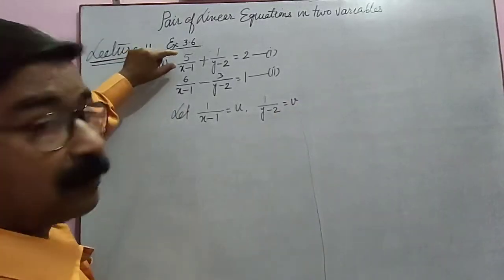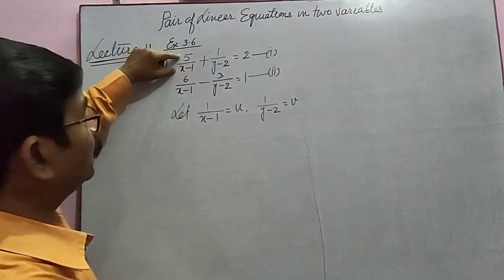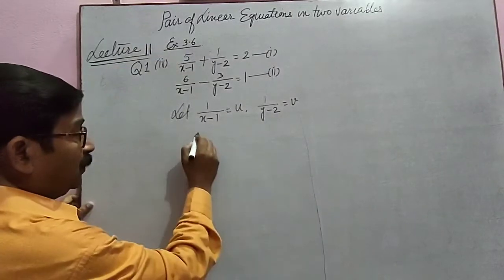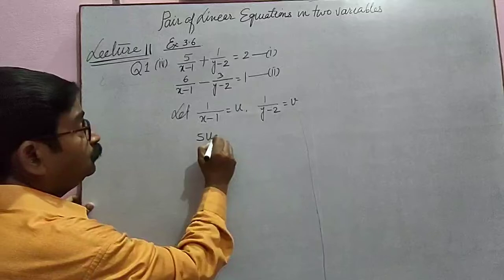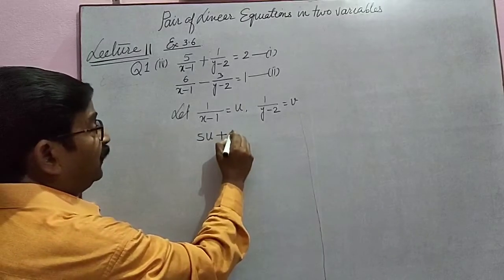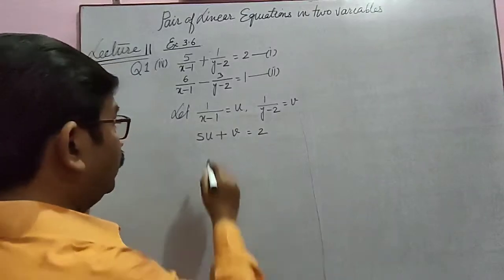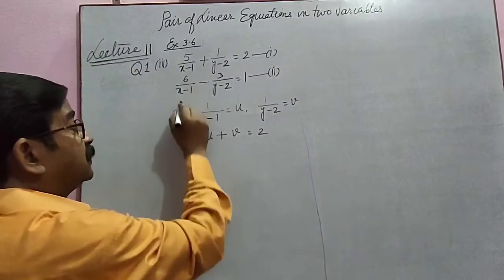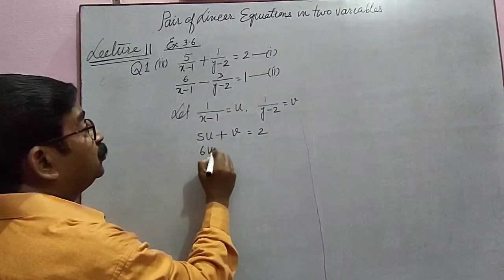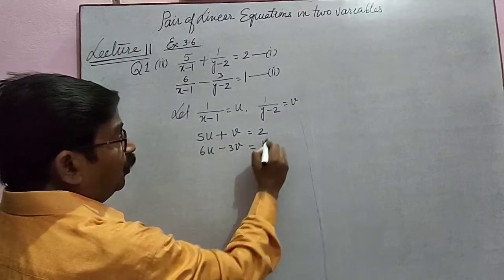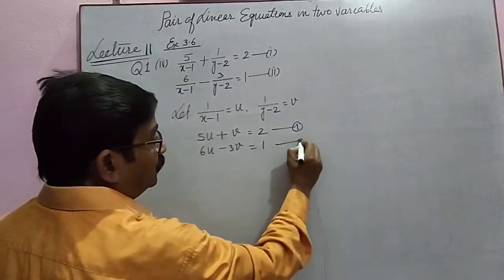Let's see what will be the new equation. This is 1 upon x minus 1 is equal to u. So 5 upon x minus 1 is 5u plus v is equal to 2. Here 6 upon x minus 1, 6u minus 3v is equal to 1. Let this be 1 and this be 2.